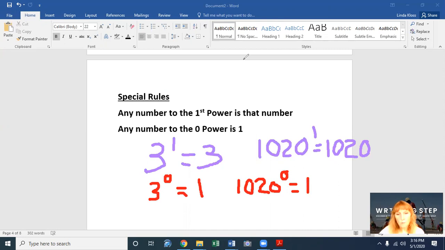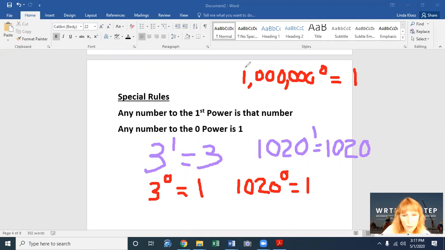Right. 1 million, write that I suppose, 1 million, comma, 0, 0, 0. 1 million to the 0 power is equal to 1. So that's the special rules.